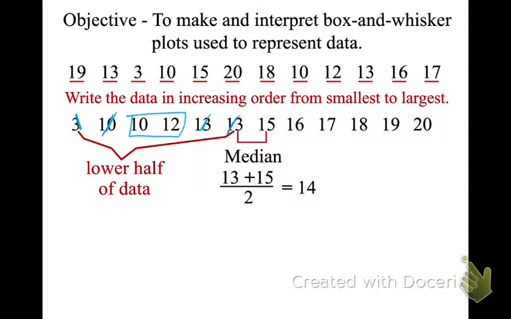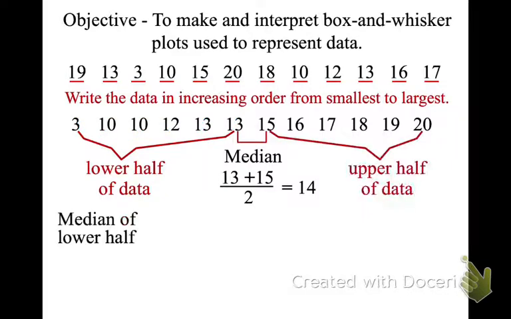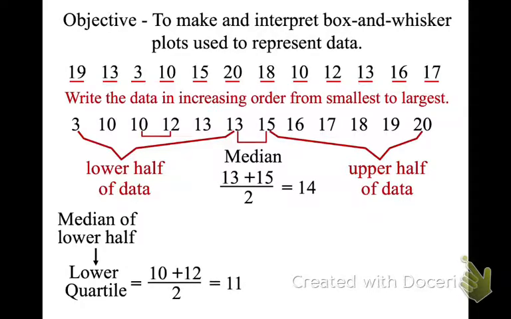So I take 10 and 12, I'm going to add that together, and I'm going to divide it by 2, and we get 11. Now 11 is what we call our lower quartile. So the lower median is the lower quartile.